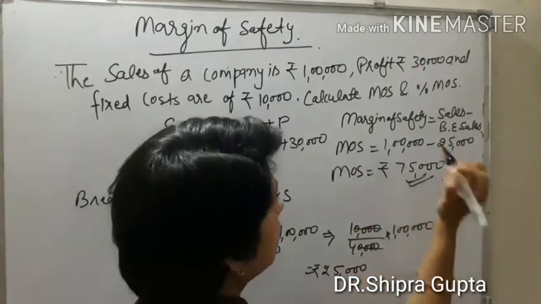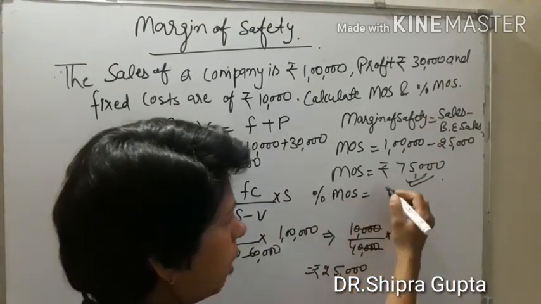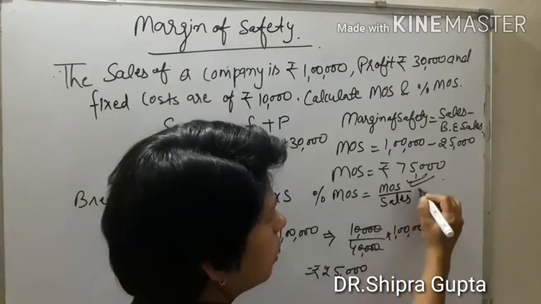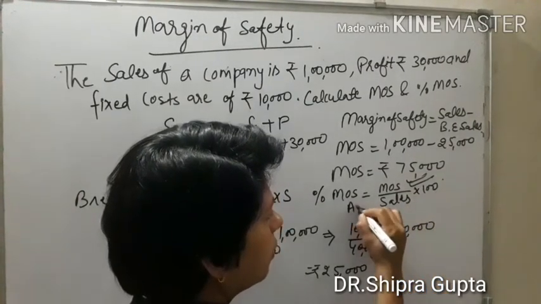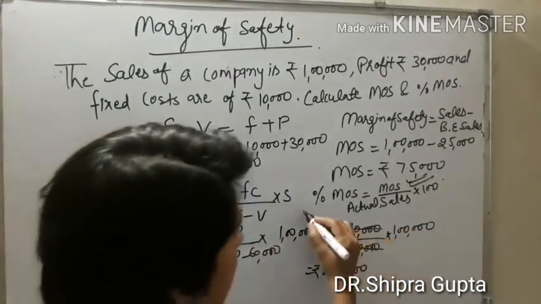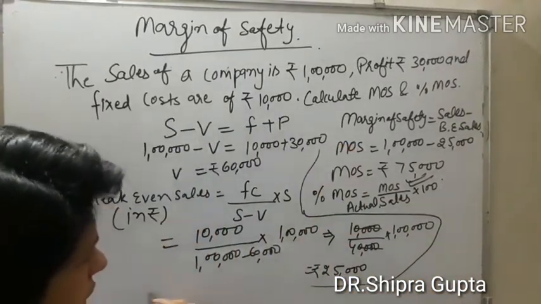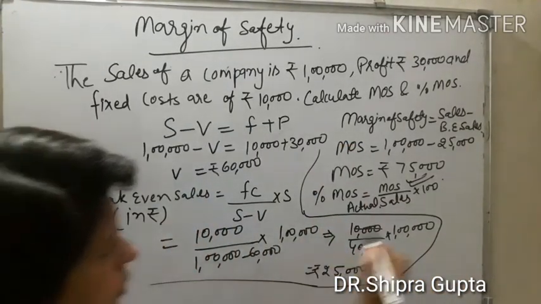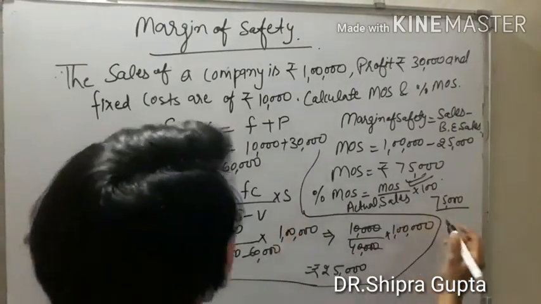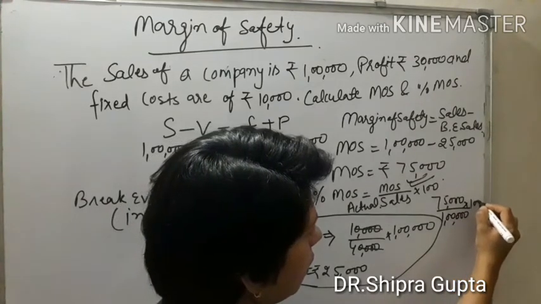First answer is given. Then percentage margin of safety formula is margin of safety upon actual sales, multiply 100. Then we will put the values. Margin of safety 75,000 divided by actual sales 1 lakh, multiply 100.